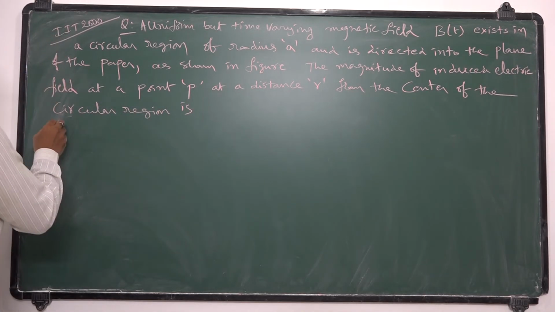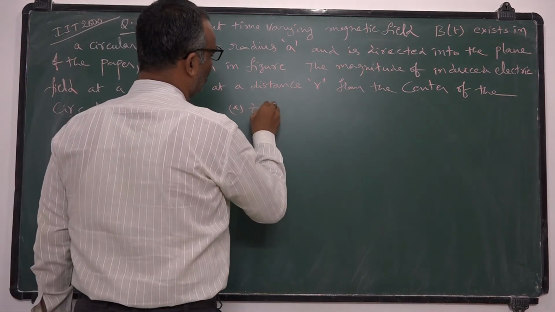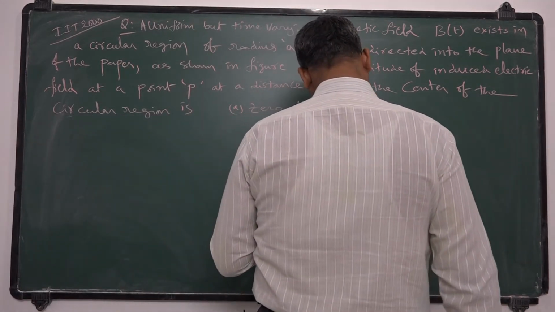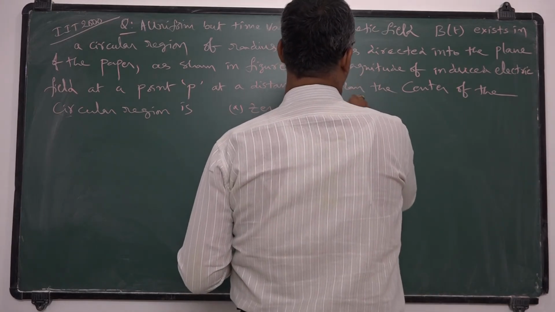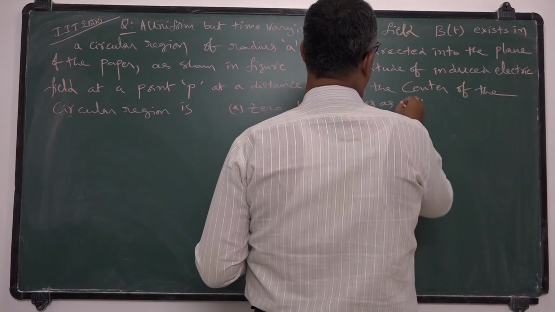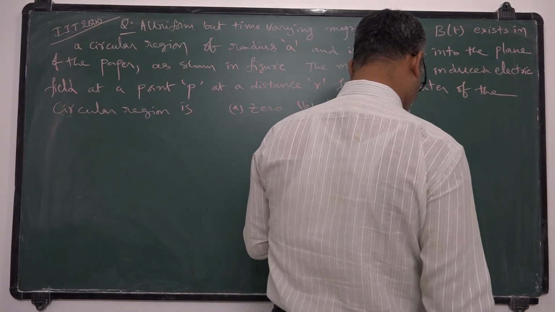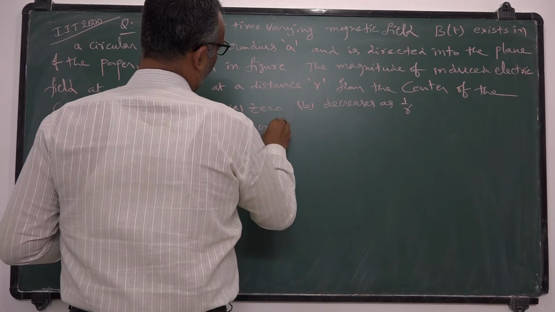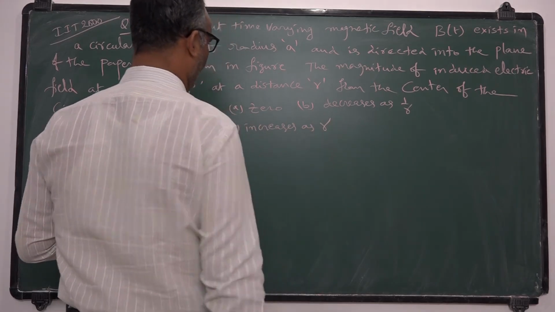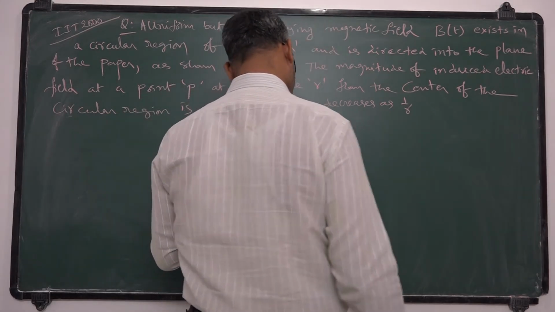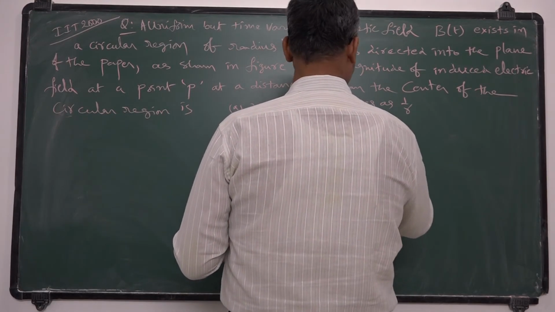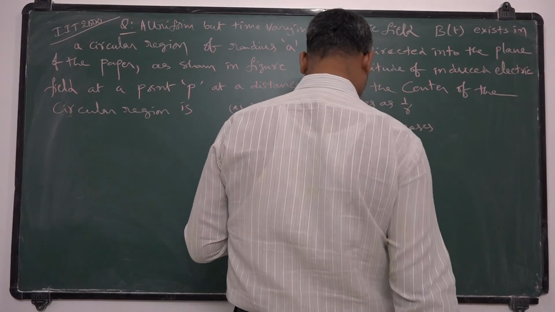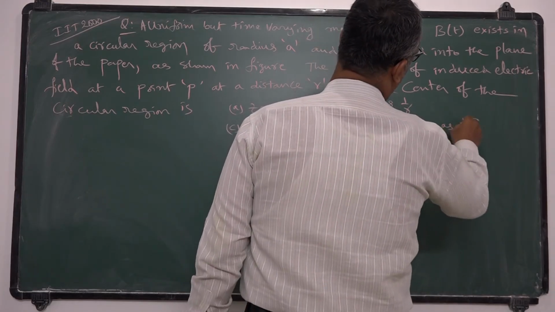is: option A, 0; option B, decreases as 1 by r; option C, increases as r; option D, decreases as 1 by r square.